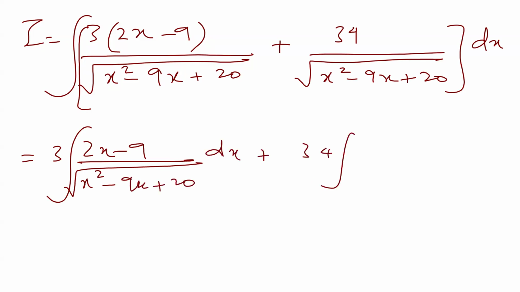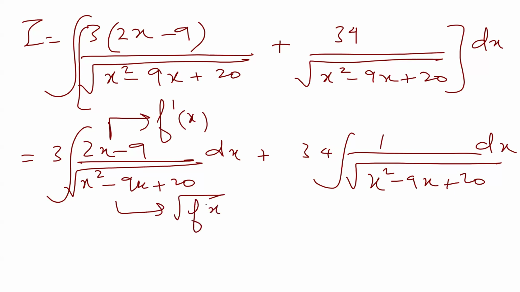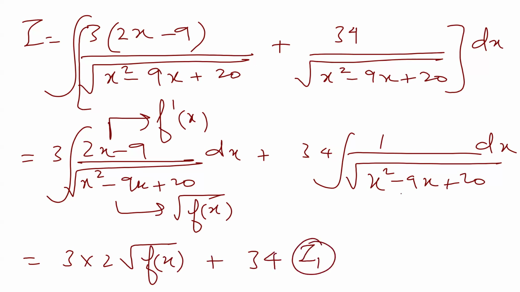Take 34 outside, it's a constant. The first integral is f dash x upon root f of x, because the derivative of x square minus 9x plus 20 is 2x minus 9. So it is f dash x upon root f of x, giving 3 into 2 root f of x plus 34 I1. This part is I1 and this is I. Let this be equation number 3.